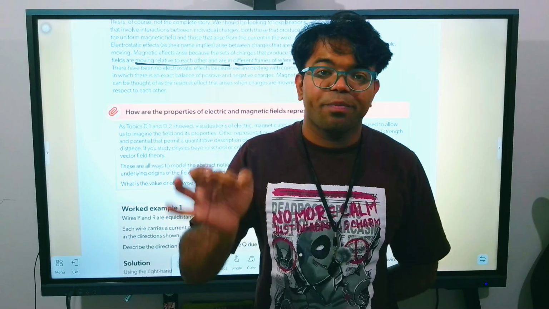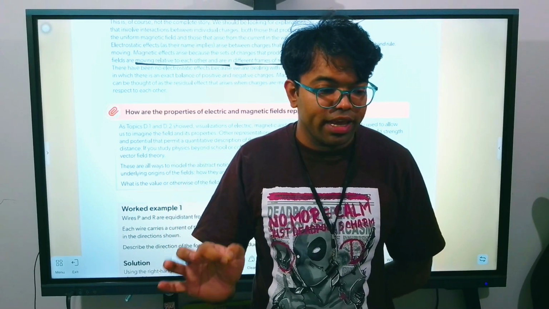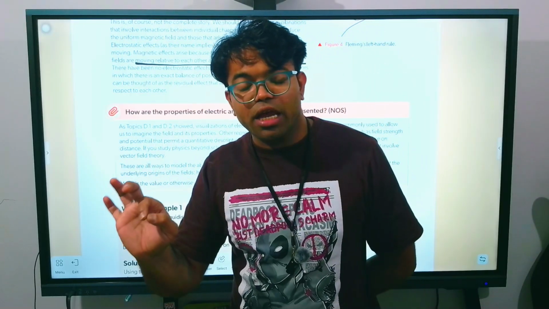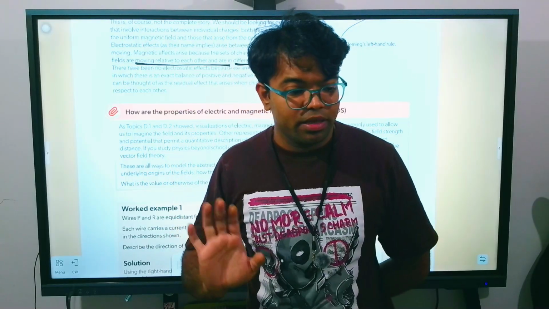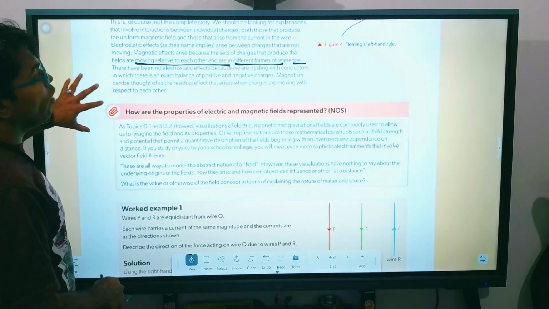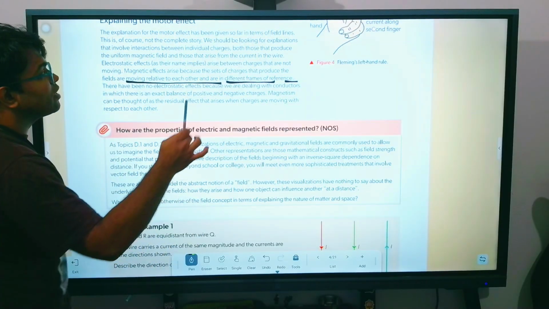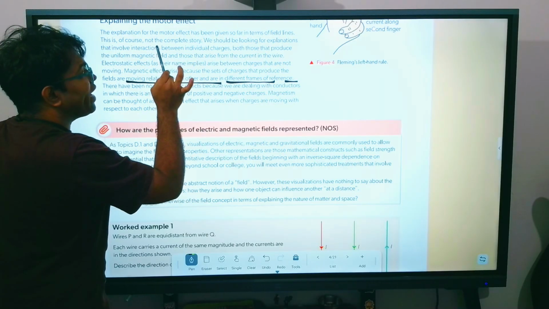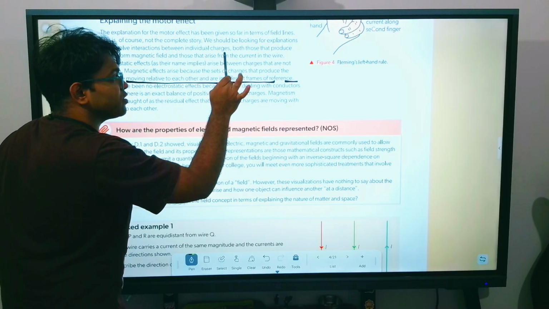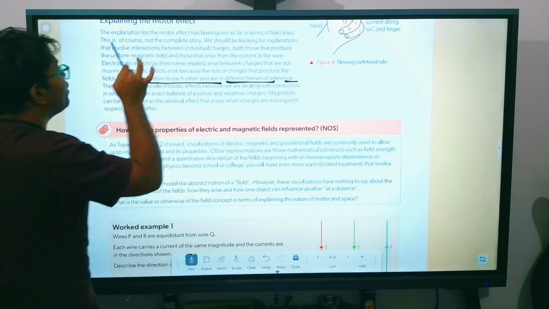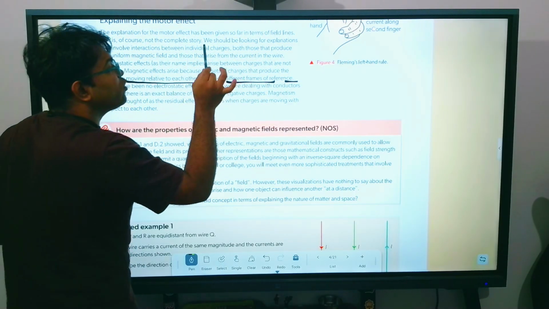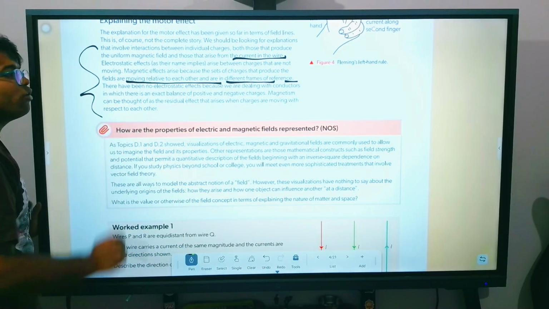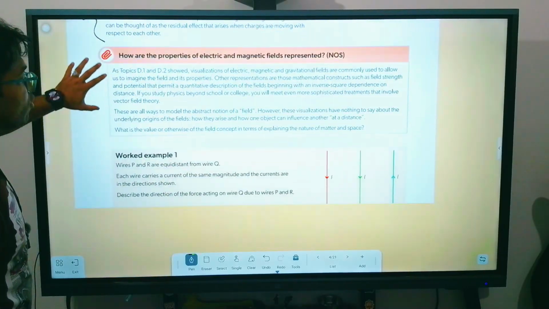A moving charge can produce a magnetic field. Now, what is happening here? We should be looking for the explanation that involves interaction between individual charges, both those that produce the uniform magnetic field and those that arise from the current in the wire. I think we are going to explain this in more detail in the coming topics.